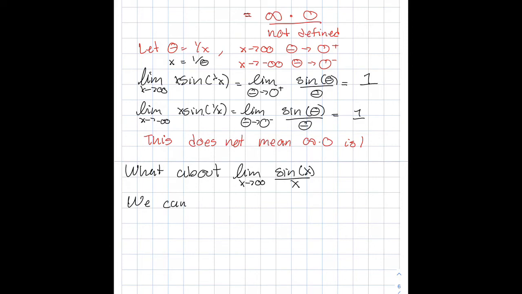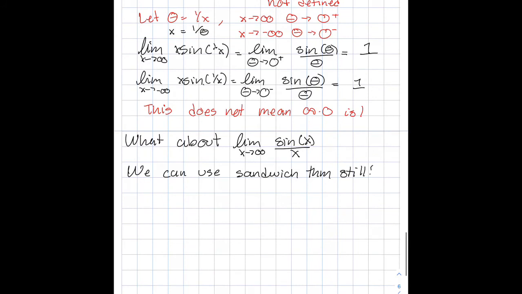We can actually still use the sandwich theorem when we have limits dealing with infinity and negative infinity. How do we get our two slices of bread though?